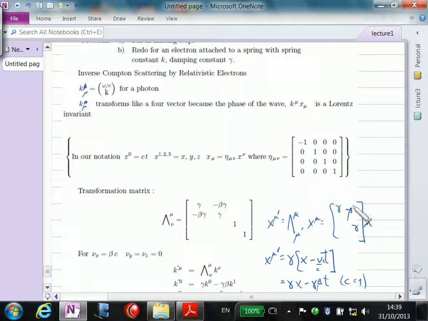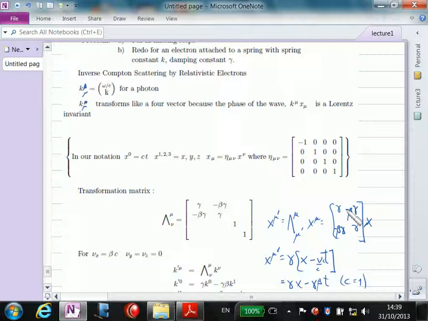Now, the inverse transformation, it's the same gamma, you reverse the sign of beta, because the velocity is just going the other way. Right. And the whole point is gamma squared times 1 minus beta squared is equal to 1.